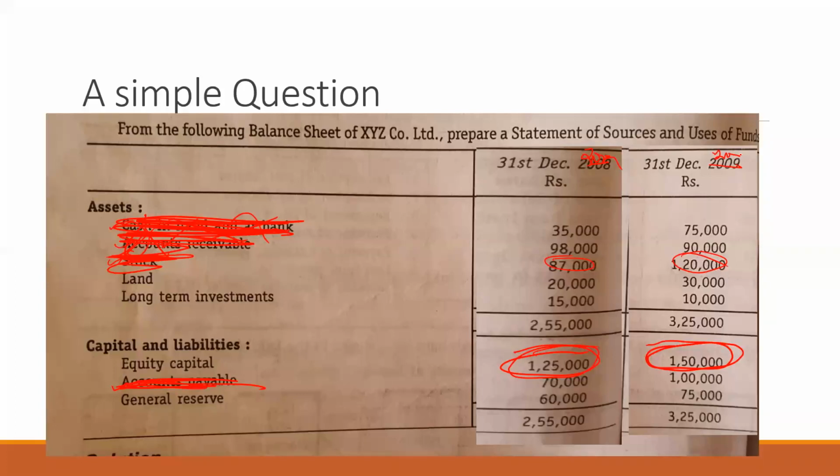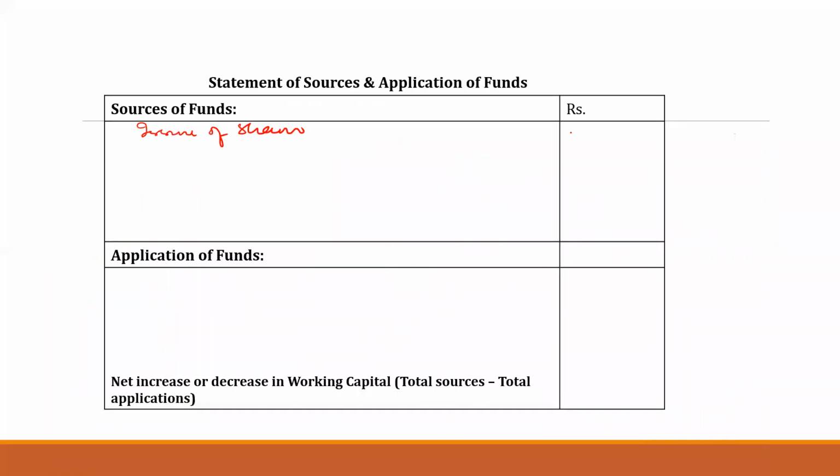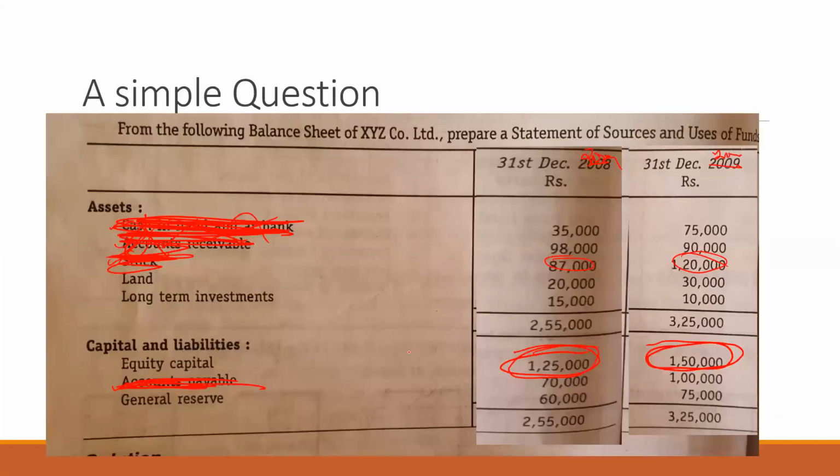So what is the difference? 25,000. Issue of shares of 25,000 has increased the equity shares. So we have to write it as issue of shares. 25,000 came inside our business, no? Earlier it was 1,25,000, it became 1,50,000. So 25,000 is issue of shares. Okay, what is the next item?